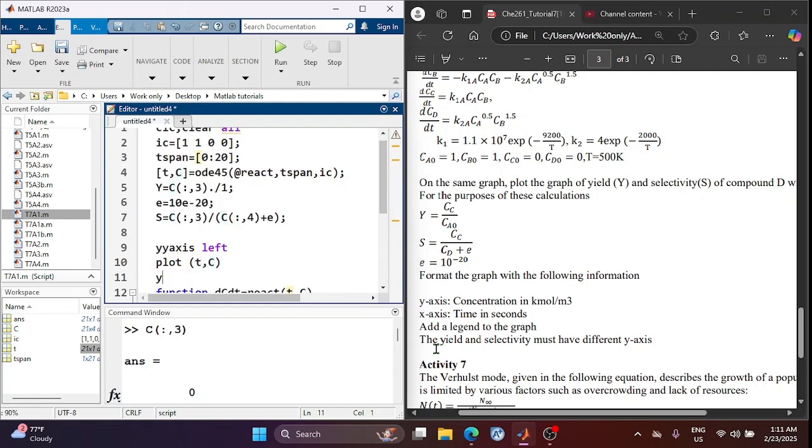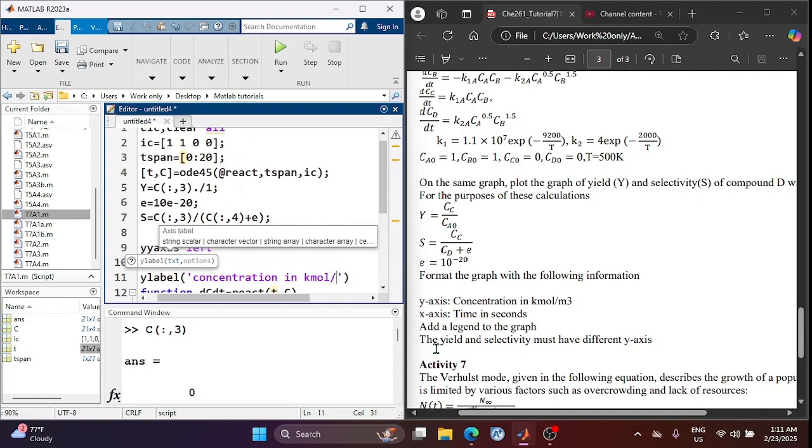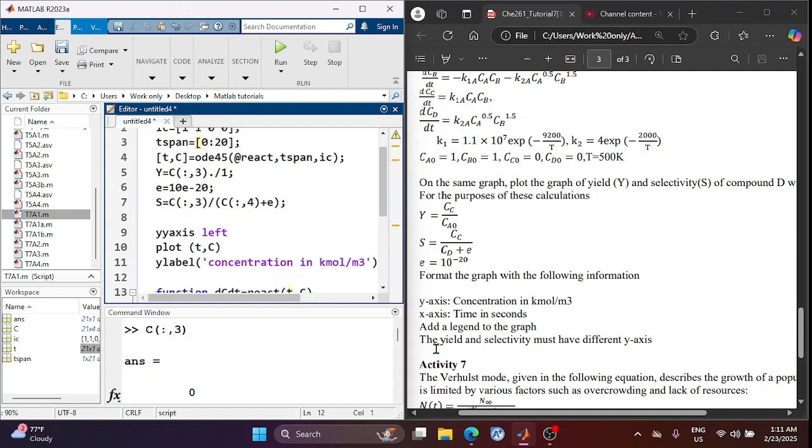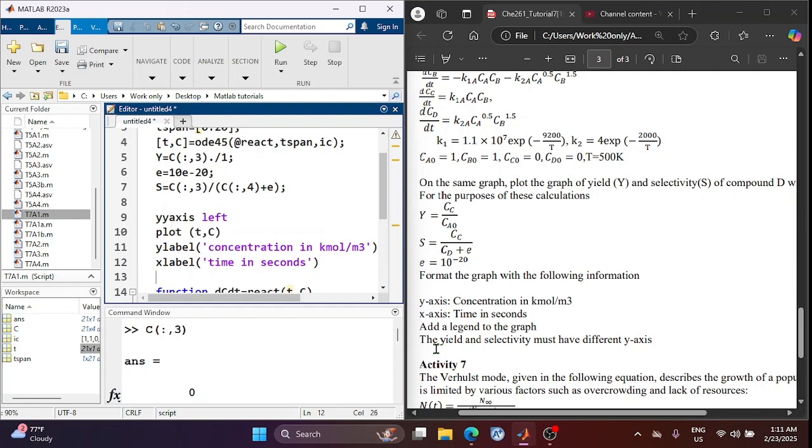The y label here is concentration in kilomole per meter cube, and the x label is time in seconds. Then we can have a legend for that part: CA, CB, CC, and then CD.